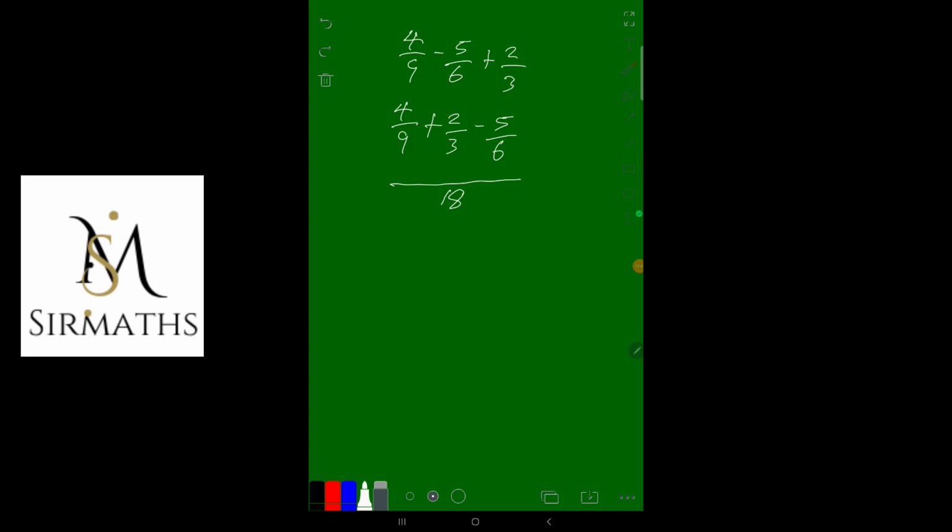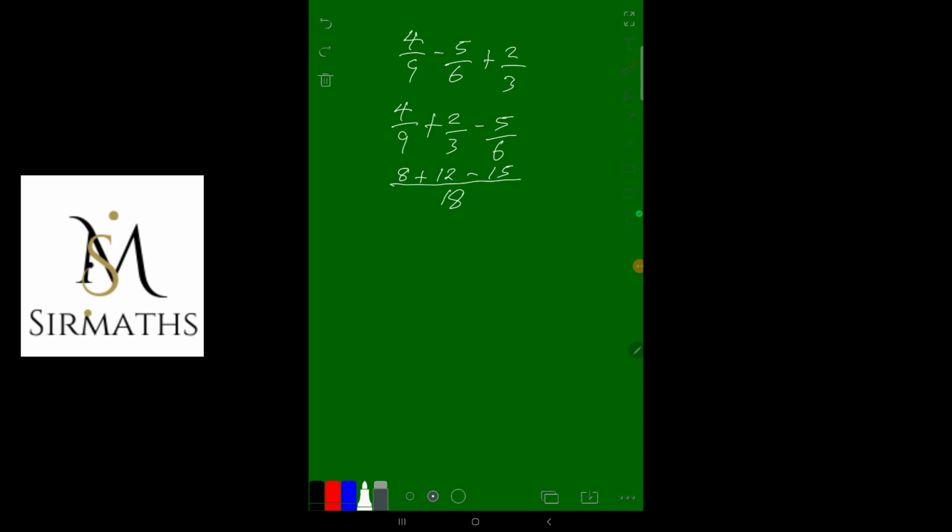Now this 18 can be divided by 9 without a remainder, by 3 without a remainder, and by 6 without a remainder. So 18 divided by 9 will give us 2, and 2 times 4 will give us 8, plus 18 divided by 3 is 6, 6 times 2 is 12. 18 divided by 6 will give us 3, 3 times 5 is 15.